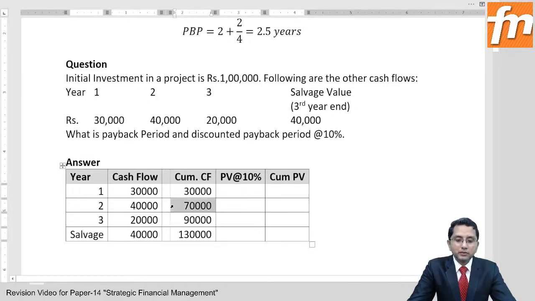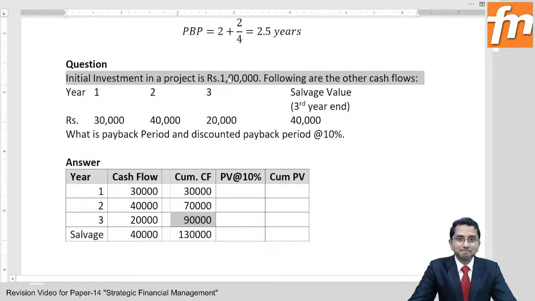I'll say 70,000 this and 2.5 years and 10,000 here. So in 2.5 years, my inflow is 80,000 cumulative. So even by the end of third year, I have recovered 90,000 while I want to recover 1 lakh.